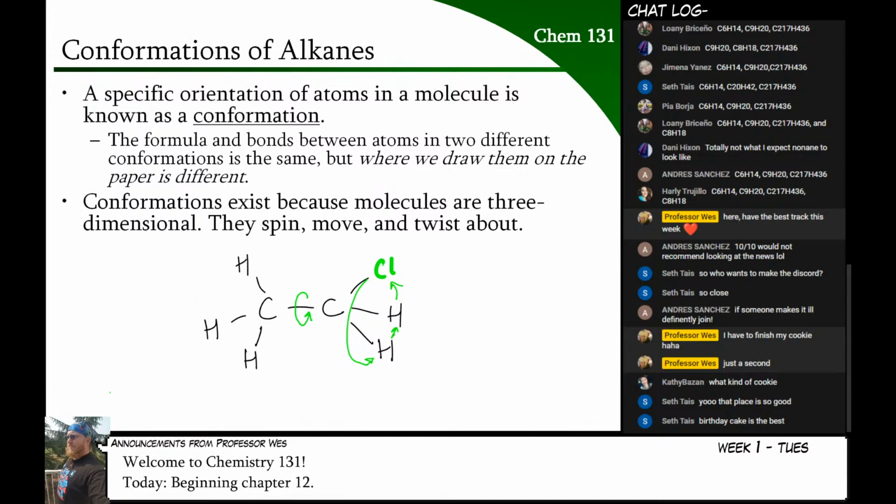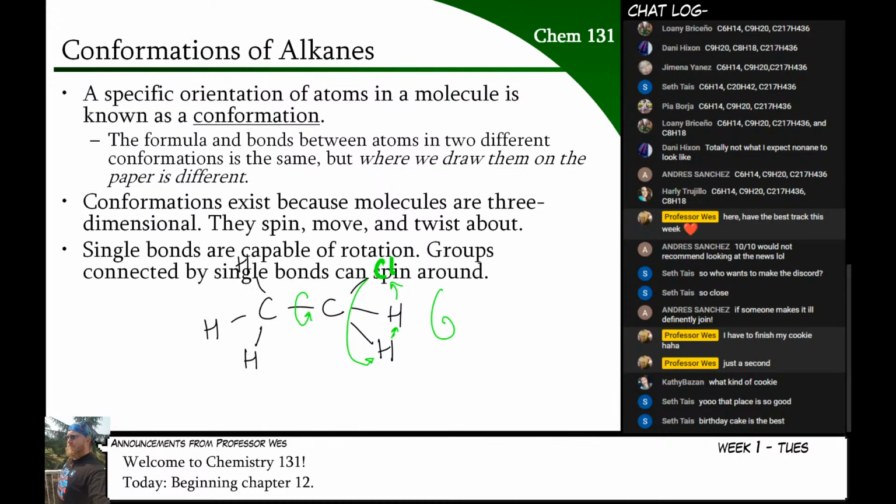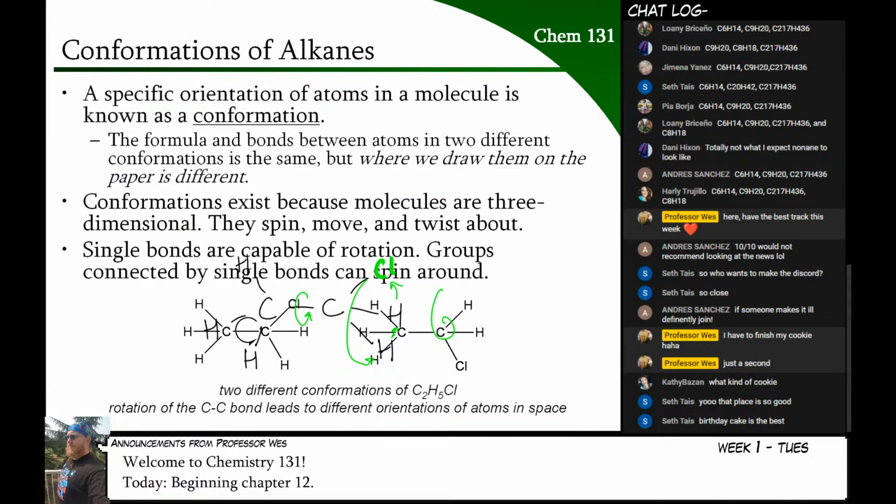And the consequence of that is that if I rotate this guy, the Cl would then be in the down position, or the back position, or the top position, based on where it rotates to. And I show that right here, so let me hit clear. So here's my chlorine. I often forget what illustrations I have already put in here. These guys can rotate as this rotates around too.